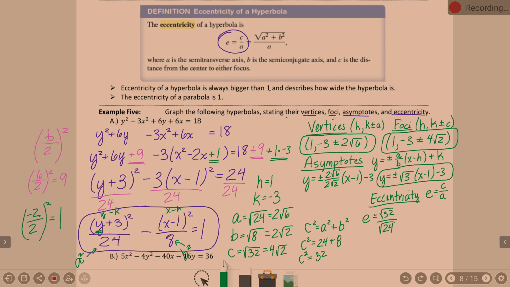I reversed that, didn't I? No, I didn't. No, I'm good. 32 over 24, what's that reduced to? 32 and 24 both divide by 8. And so this is square root of 4 over square root of 3. I'll be honest, my answer key says square root of 4/3. However, if you had happened to put 2 over the square root of 3, that is equivalent as well.